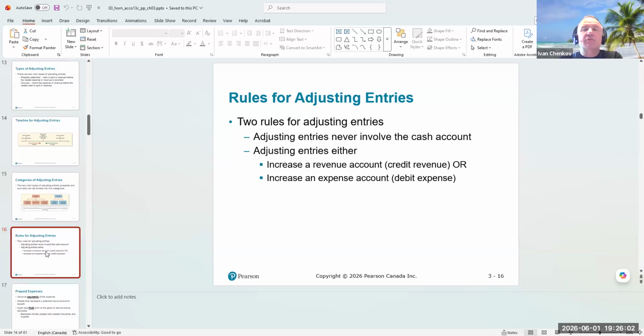Before we start, there are some rules. First, rule number 1. With accruals, or those adjusting entries, accruals and deferrals, cash is never, ever involved. Debit or credit cash is not an option.